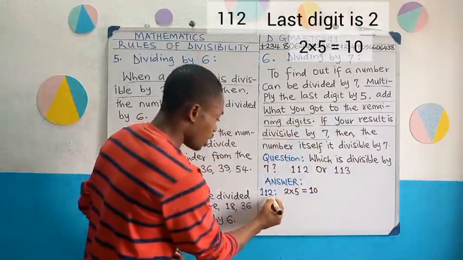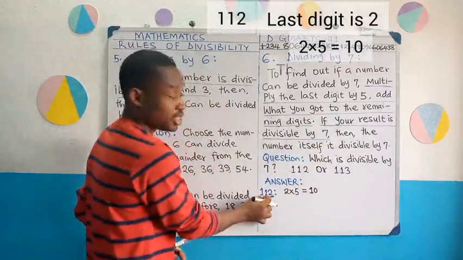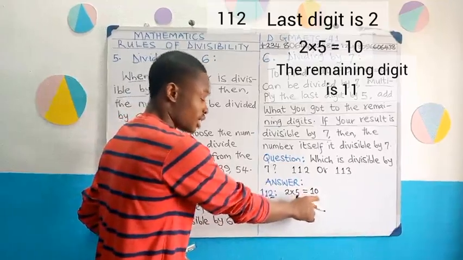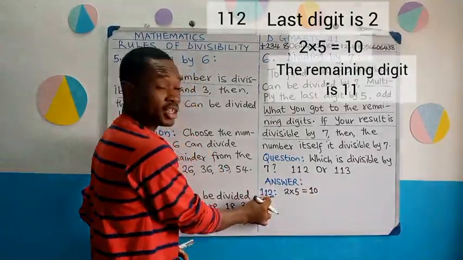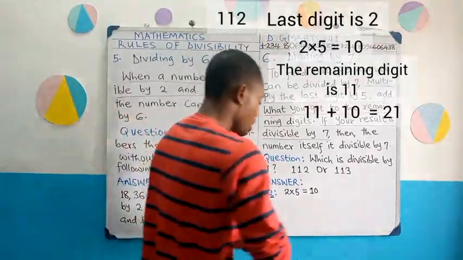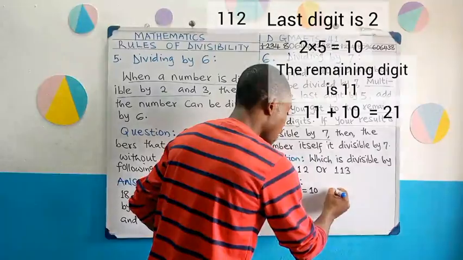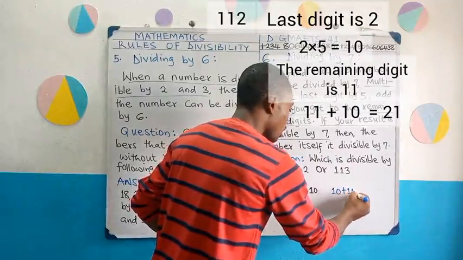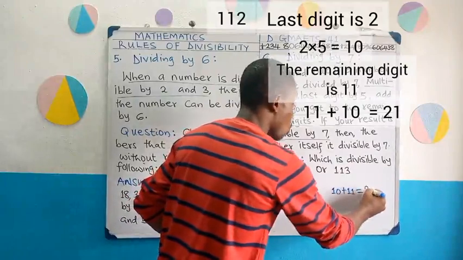Let me underline it. The remaining digit is 11. When I multiplied the last digit 2 by 5, I got 10. I'm going to add that 10 now to the remaining digit, which is 11. So let's do that and see. 10 plus 11 will give us 21.